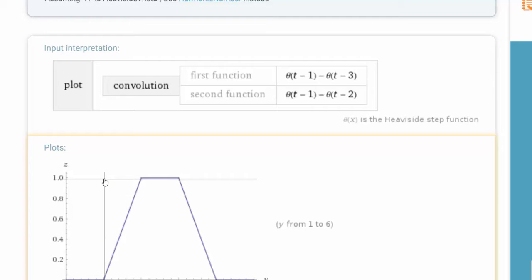And as the first blocks are interacting, we get larger and larger area until we finally have one block encased in the other for a full unit. And then the inner block escapes out the other side, and so the area diminishes down towards 0.